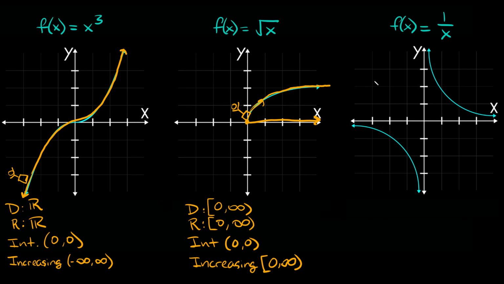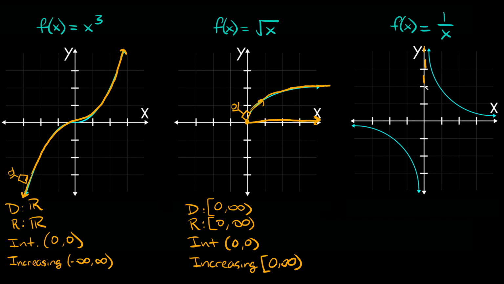Now lastly, we have the rational parent function, also called the reciprocal parent function. In any case, it's f of x is equal to 1 over x. You can see that we have two different graphs right here. What happens with this parent function is we basically have two asymptotes.